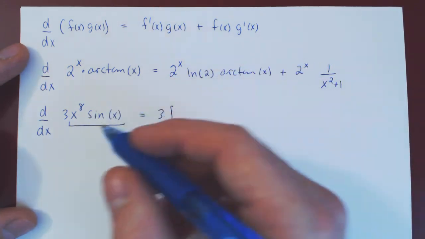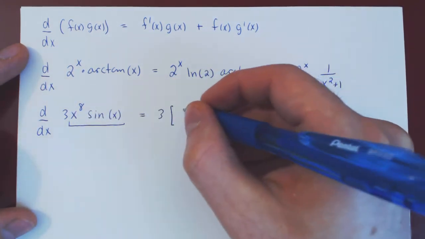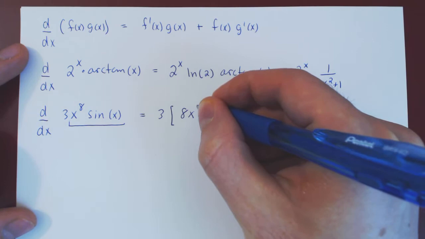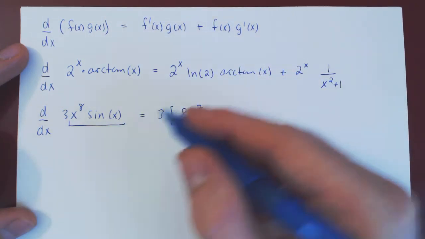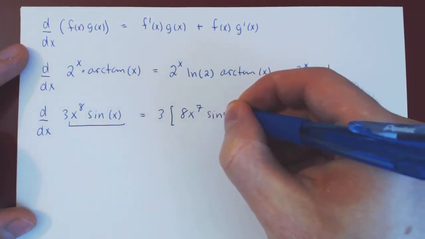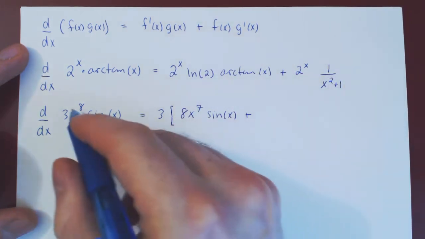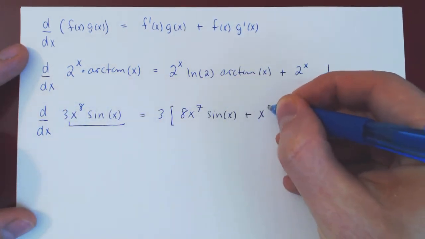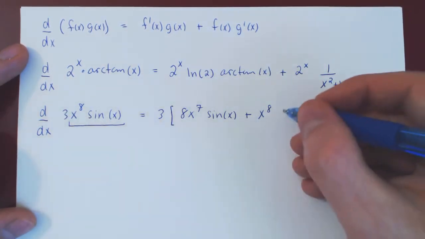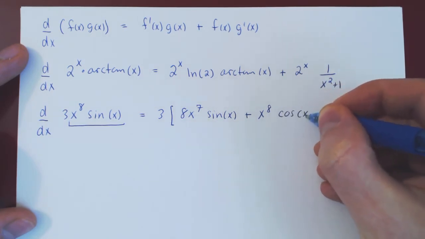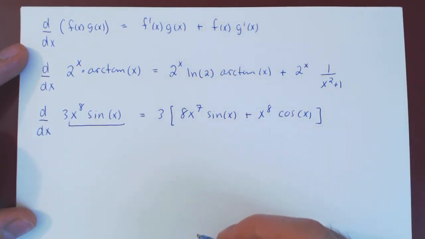So we apply the product rule once again. Derivative of the first function, power rule 8x to the 7, times the second function, sine of x, plus the first function, x to the 8th, times the derivative of sine, and if you remember, that is cosine of x. That's it.